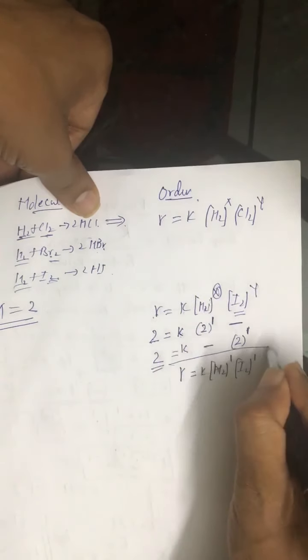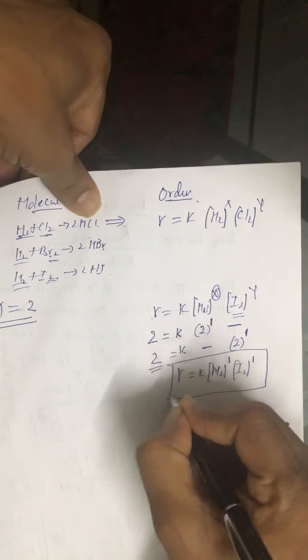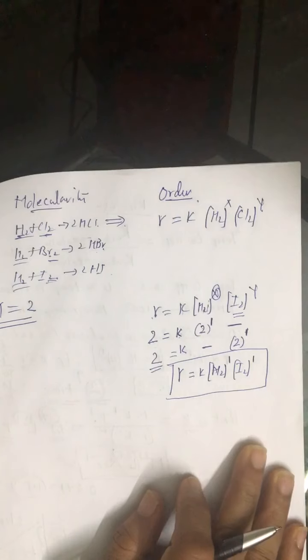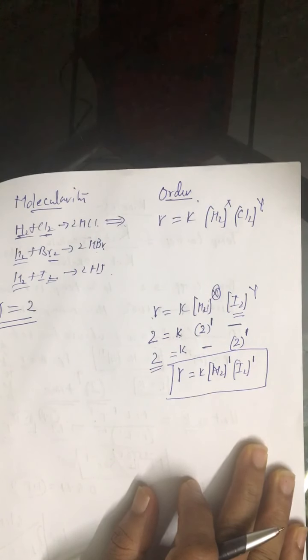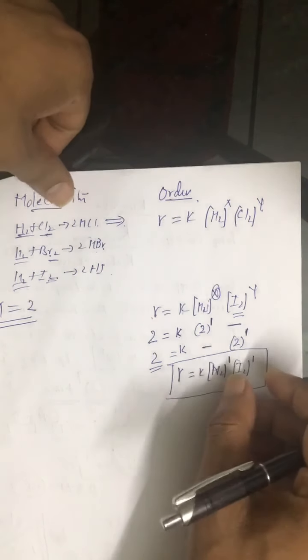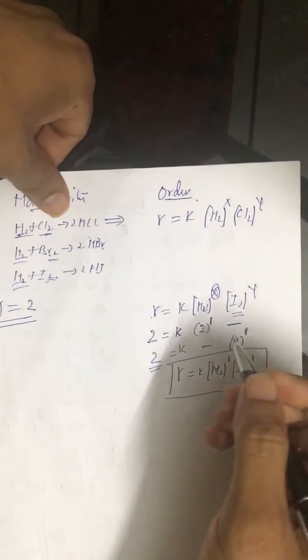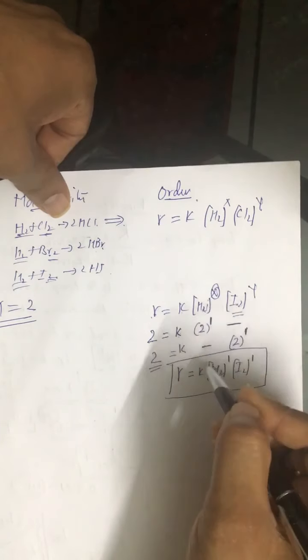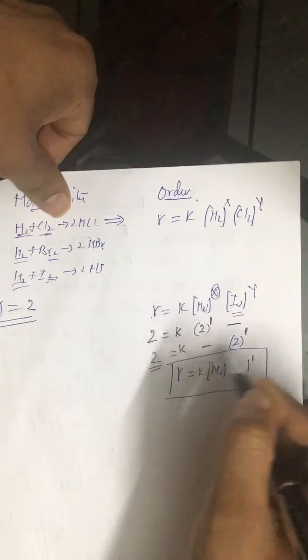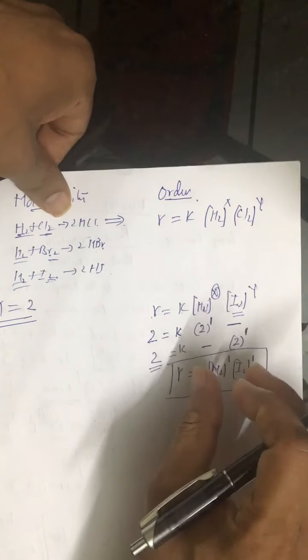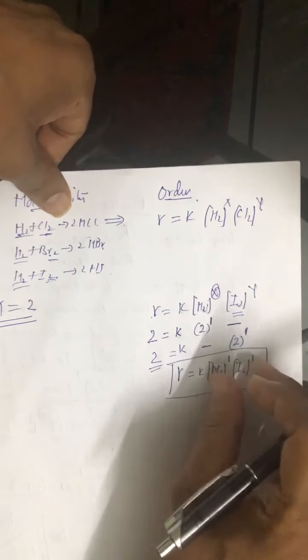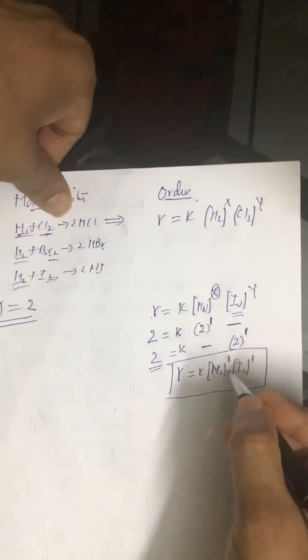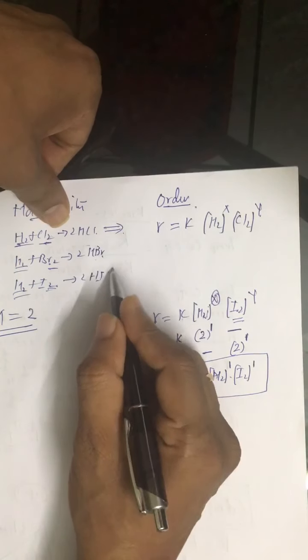This rate law can only be written if you know the actual dependence of rate of reaction on concentration of reactants. And if the rate law is given, that means you know the order of reaction. Like in the last case, order of reaction is 2.